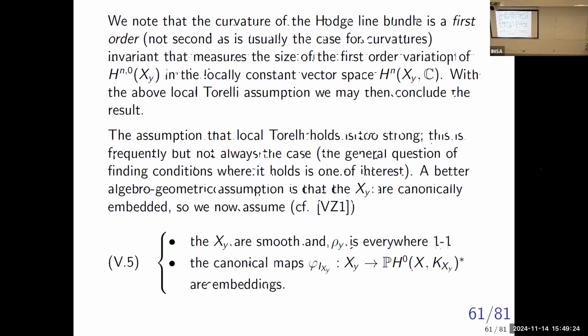So the geometric point is that in Hodge theory, the curvature of Hodge bundles is basically given by first order information, which is like the norm of an actual holomorphic mapping somewhere. So the vanishing of the curvature means that some holomorphic map is constant. That's what it translates into. It's just like for projective space.